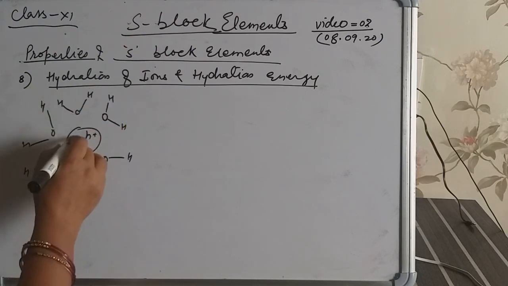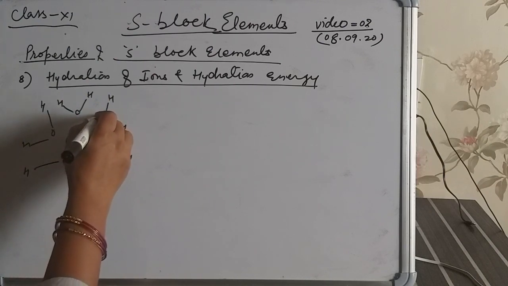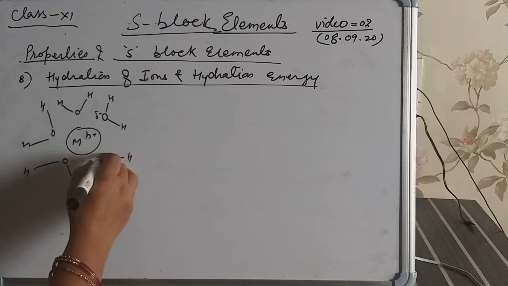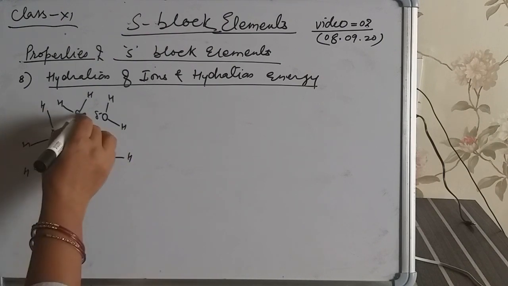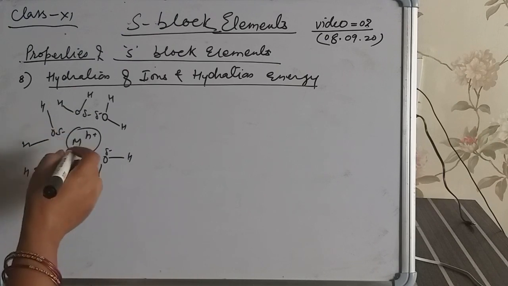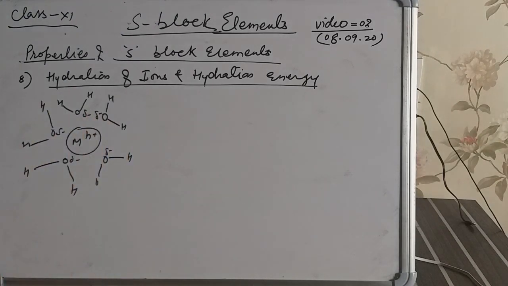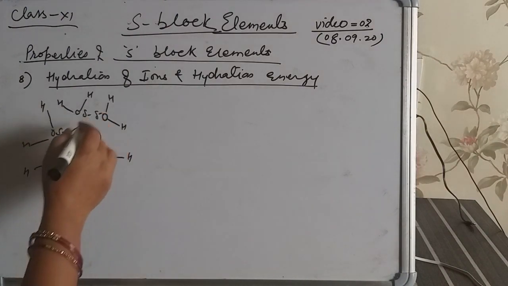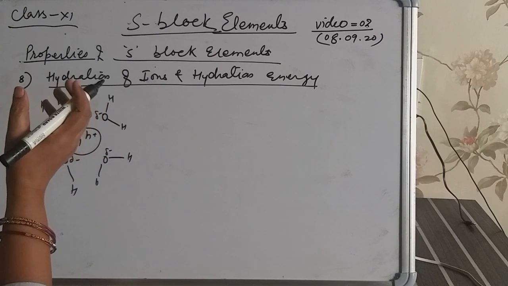Because the alkali or alkaline earth metal ion is positively charged and the oxygen of the water molecule is negatively charged, a force of attraction develops between the cation and the water molecules, and during this process a bond is set up and energy is released.